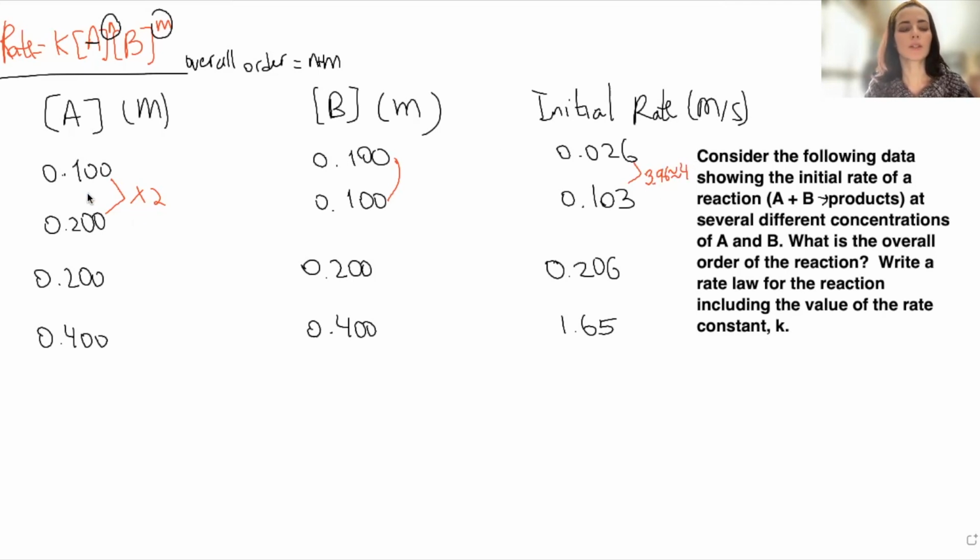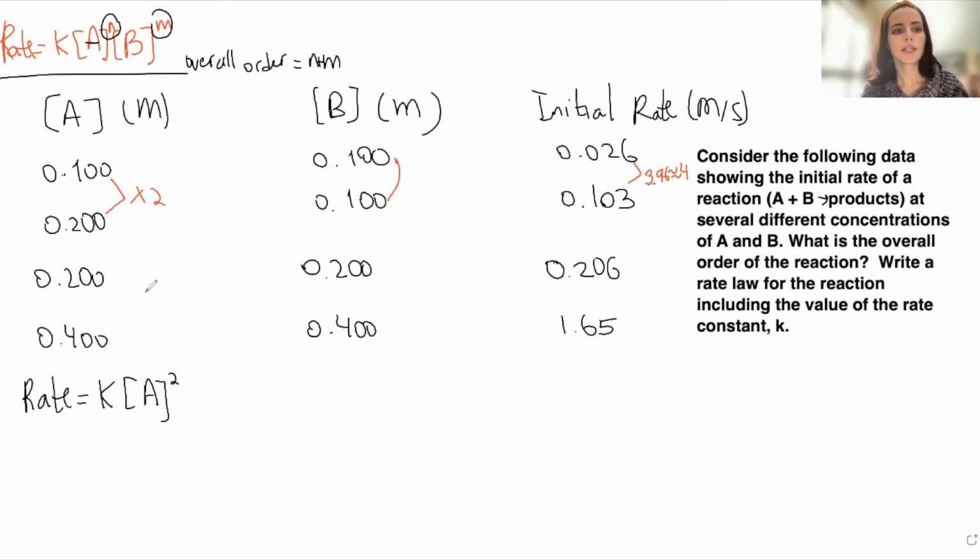That means that when concentration of A changed by a factor of 2, initial rate changed by a factor of 4. So this is indicative of second order reaction. So far we can write rate is equal to K [A] to the power of 2, right? If it was first order, then the rate would also change by a factor of 2.